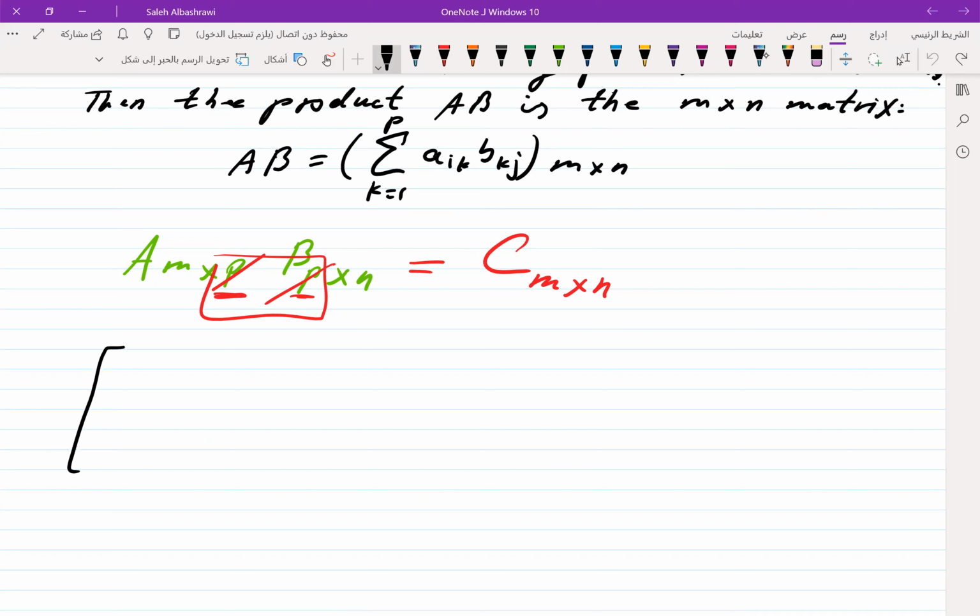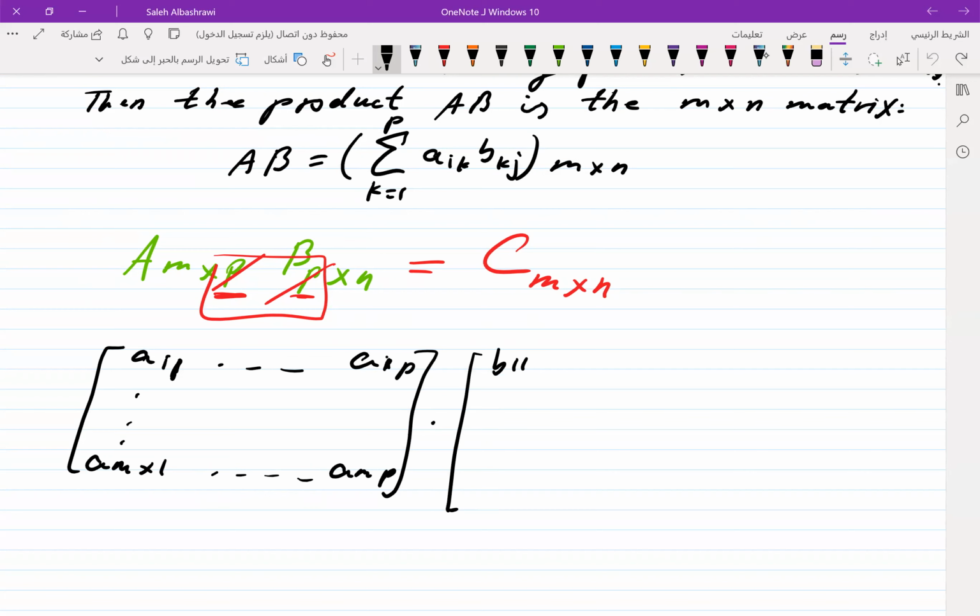And if A is given by a_11 up to a_1P, the first row up to column P, this is the matrix A. And if you want to multiply it with the matrix B, with b_11 up to b_1n across the columns, going down up to b_P1 up to b_Pn.